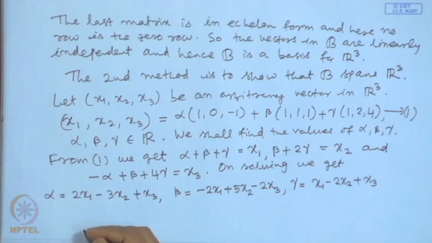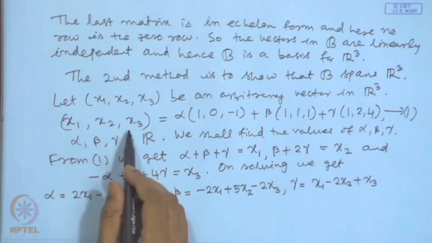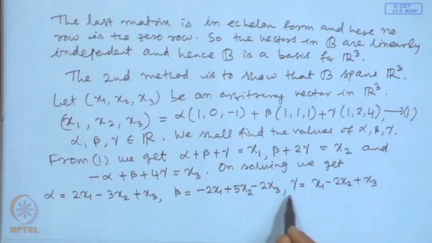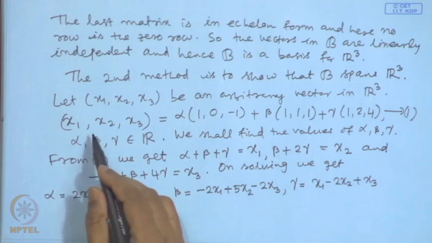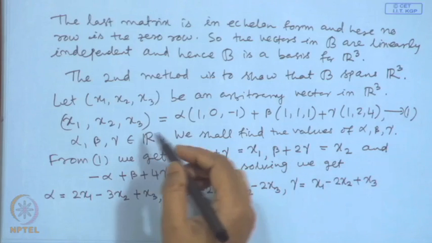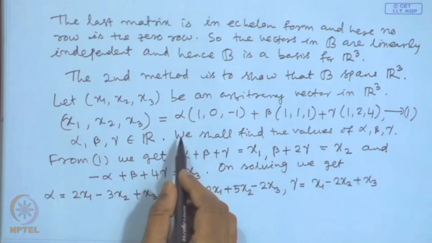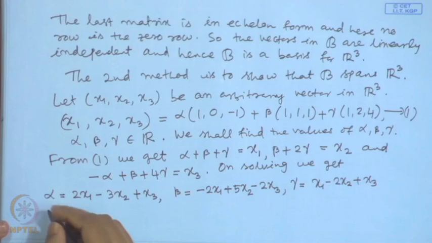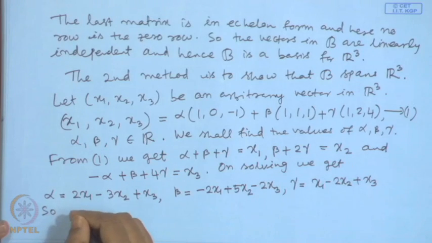So, that means given any arbitrary vector x 1, x 2, x 3, we can find alpha, beta, gamma in terms of these known values. So, x 1, x 2, x 3 can be written as a linear combination of these vectors. Therefore, B spans R 3 and hence B is a basis.